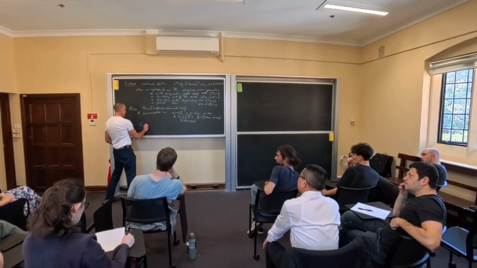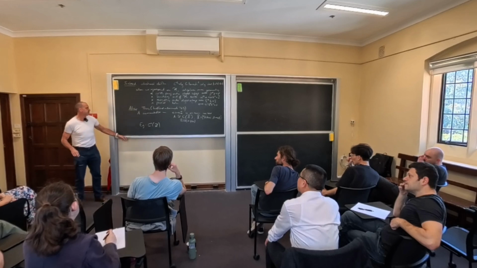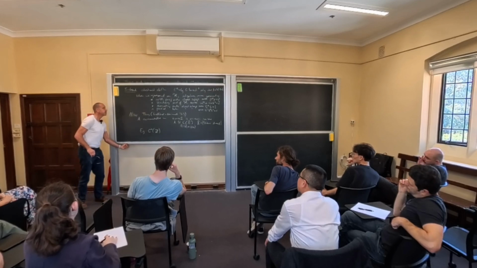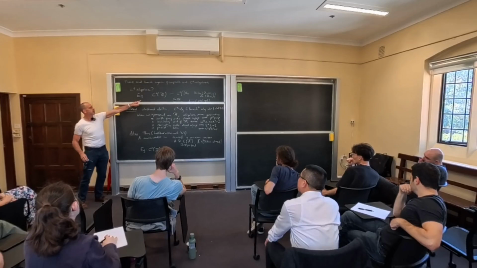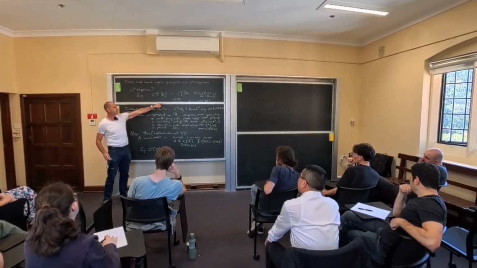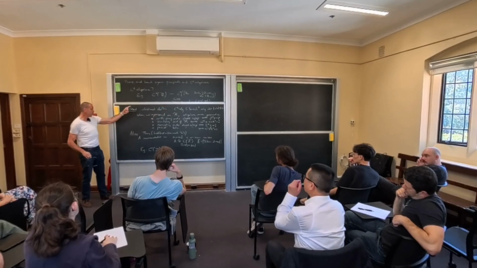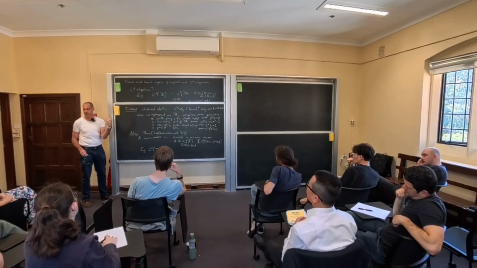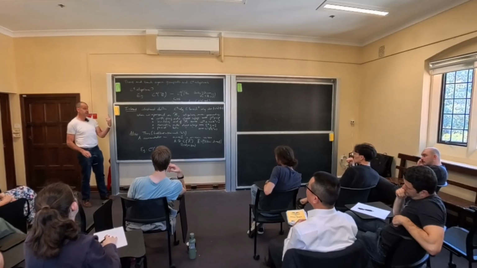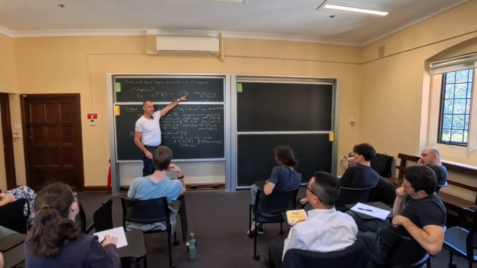let's go back to our C-star of Z example. Remind you what C-star of Z was: I had these elements U_n. When I multiply them, I add. When I take the adjoint, the star, I get the negative. So a homomorphism from that to the complex numbers is going to be determined by what I do to U_1. If I want it to be bounded, then all the powers of the image of U_1 have to be uniformly bounded.